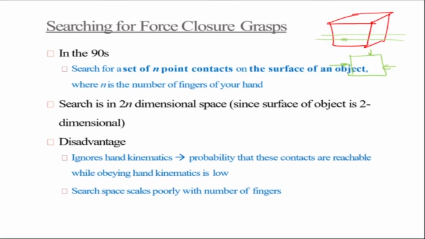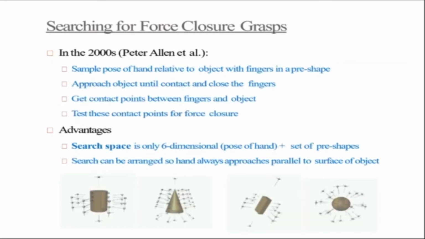So I can identify these points before I grasp it, and then I grasp it. There has been a lot of interesting research on how you autonomously grasp an object, and people have been working on it for a very long time. So this is basically called search for force closure grasps. If you have regular objects, it's not much of a problem because you can identify areas where you can grasp, and then you can go and grasp it.